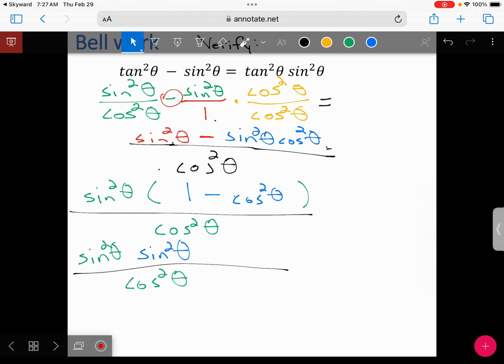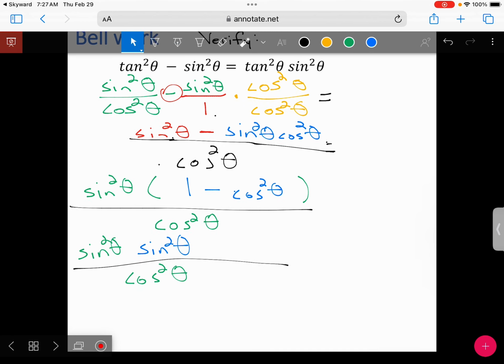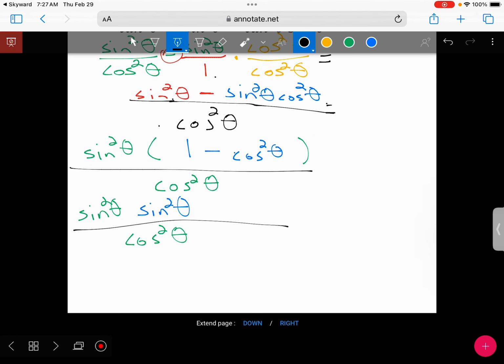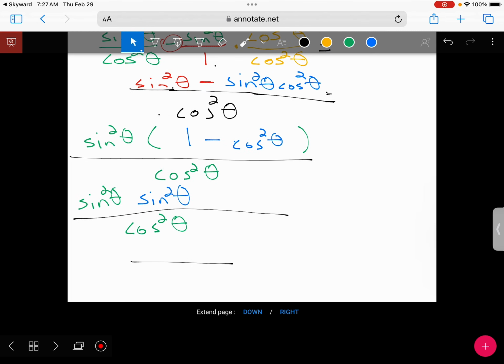And you can also see that in our answer, it's tangent squared theta times sine squared theta. We can rewrite this fraction, and it might be tricky to see if you haven't seen a problem like this, but we can rewrite this fraction as sine squared theta over cosine squared theta times sine squared theta.